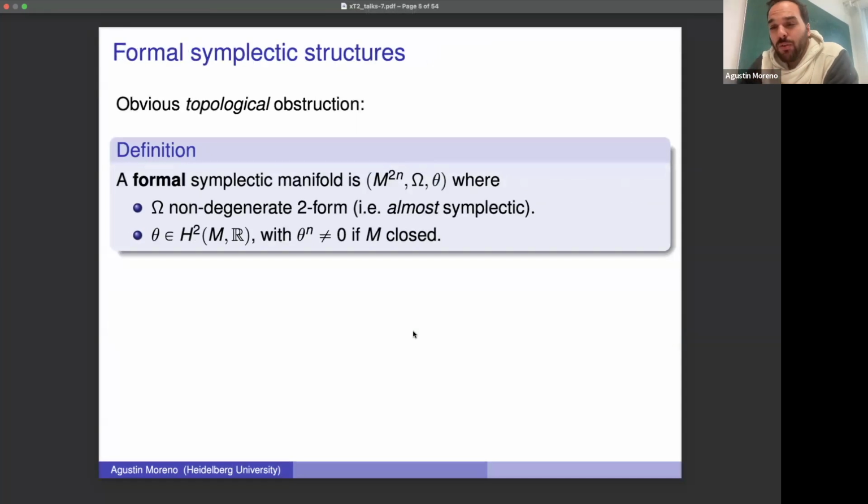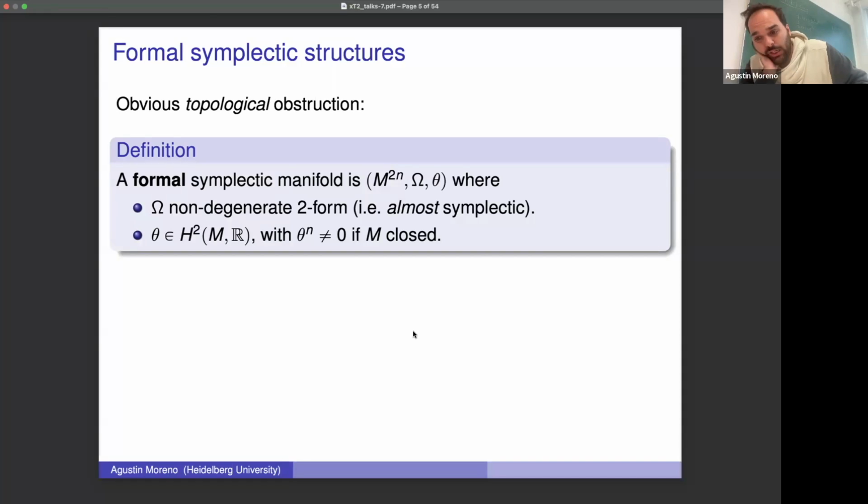In order to have a chance at all to be in the presence of a symplectic structure, there are always some underlying topological conditions that we need to impose. The obvious topological obstruction to the existence of a symplectic structure is what we will call a formal symplectic structure.